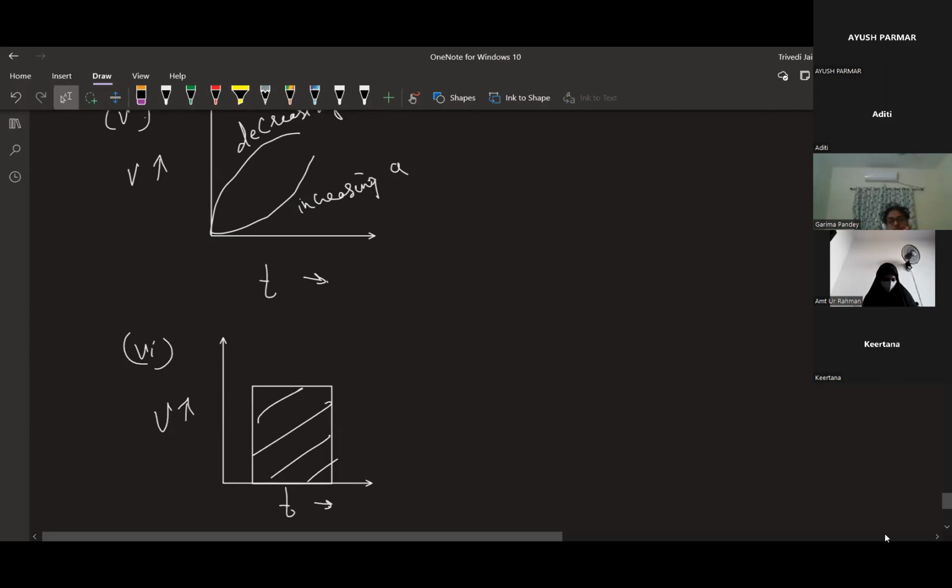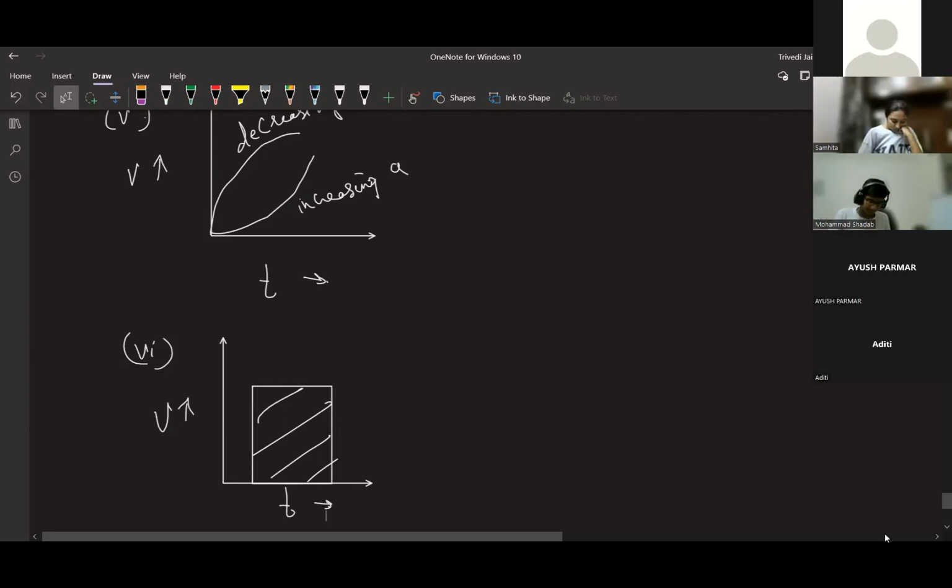Yes, you can answer. I was saying maybe area under the graph. Area under the graph.